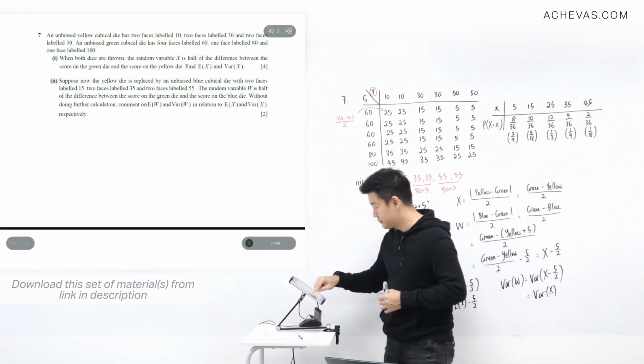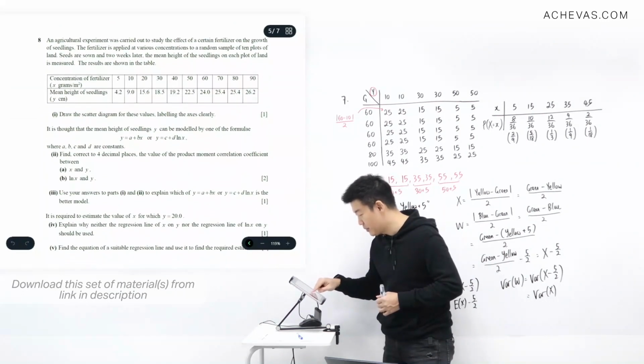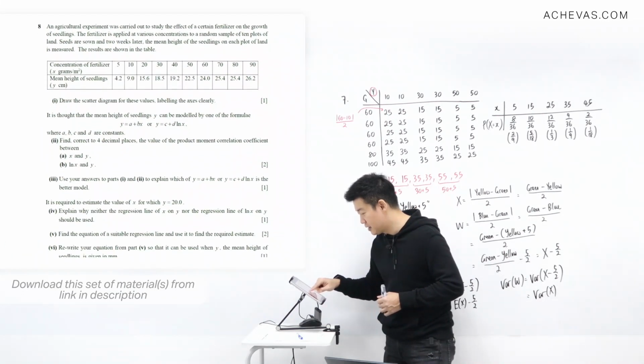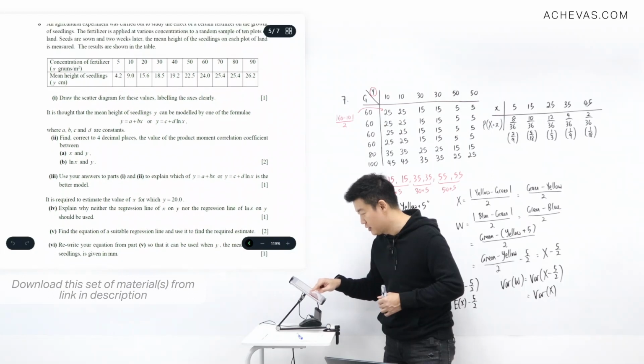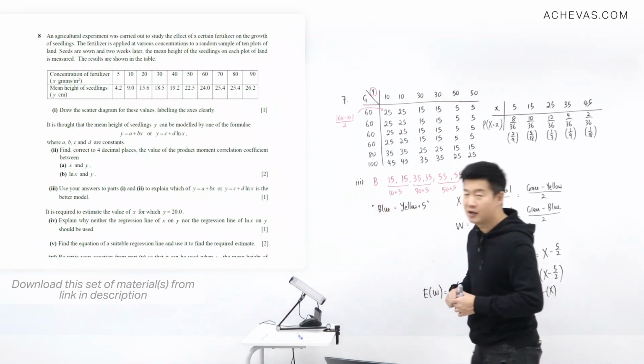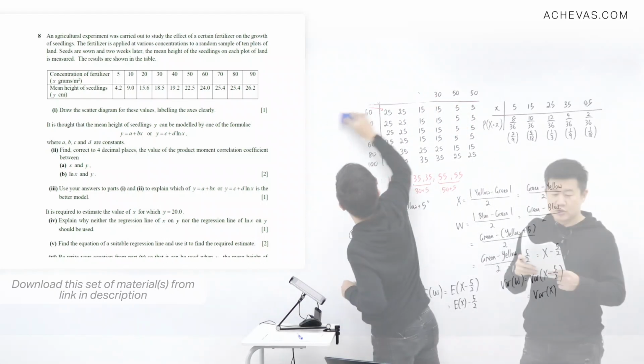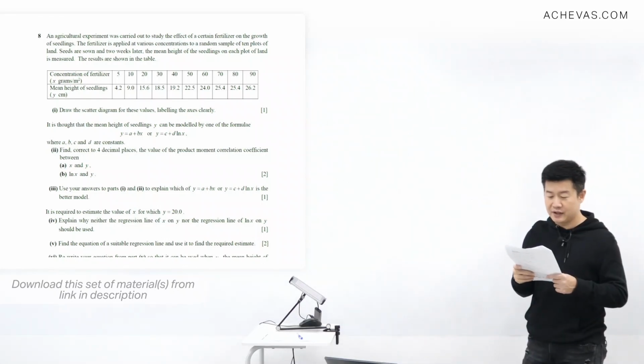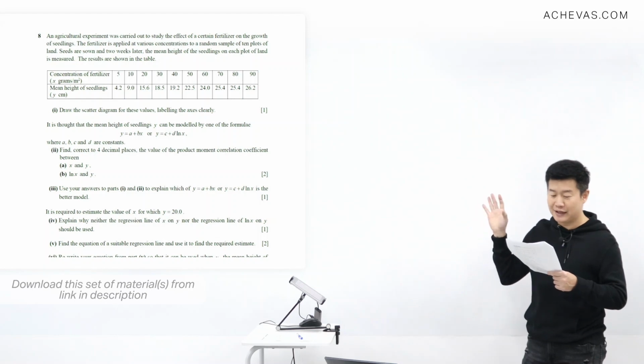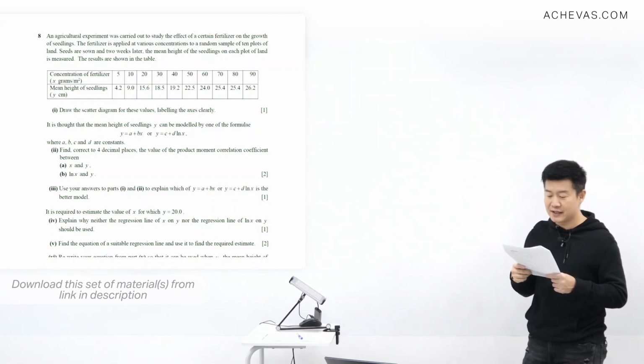Question number 8. Let's see what it is. Okay, question number 8 here. This is a long question. We have a correlation and linear regression question. We are given an agricultural experiment that is carried out to study the effect of a certain fertilizer on the growth of seedlings.